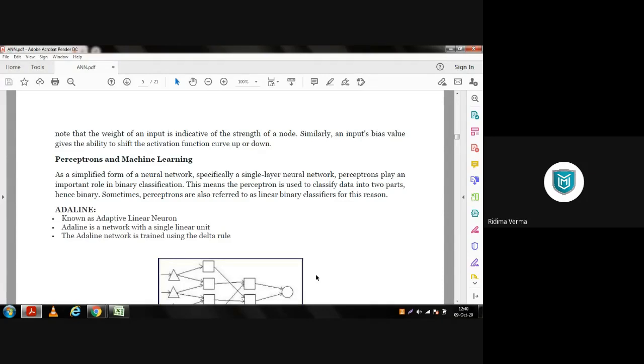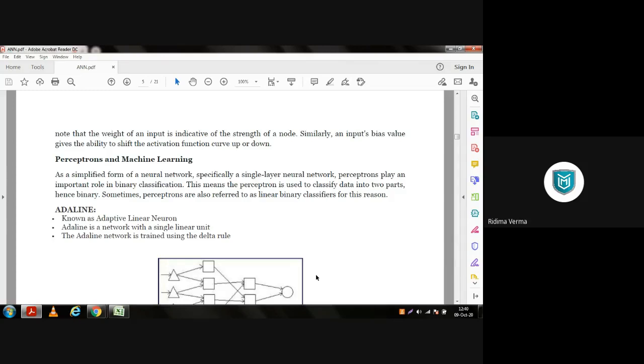Then in the case of perceptrons the bias value will always remain 1. These are some of the things that we already know because we have already discussed the process of finding the output before. Similarly, an input's bias value gives the ability to shift the activation function curve up or down.